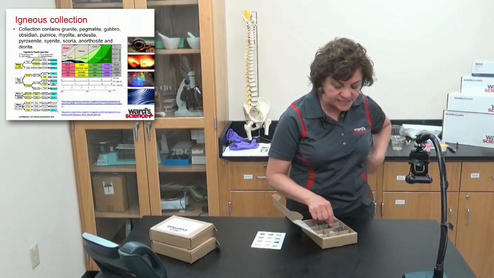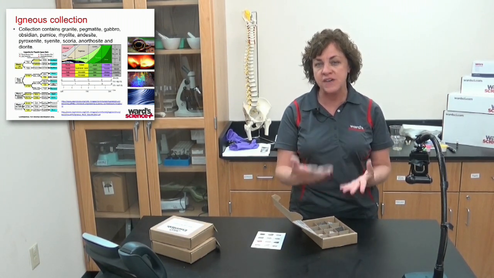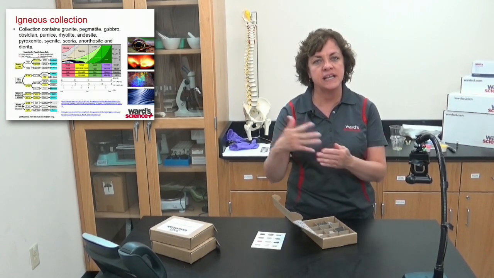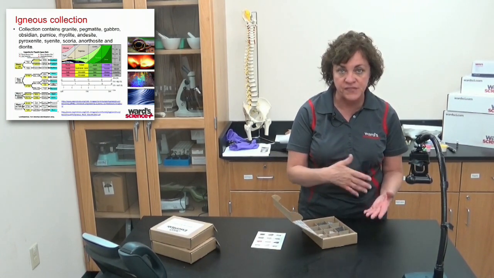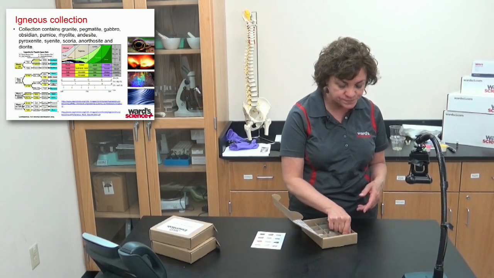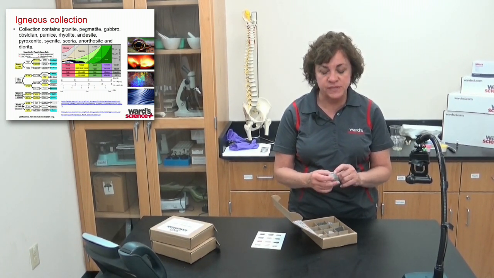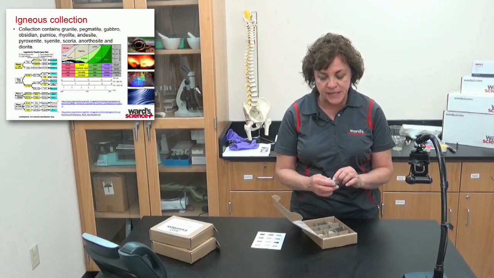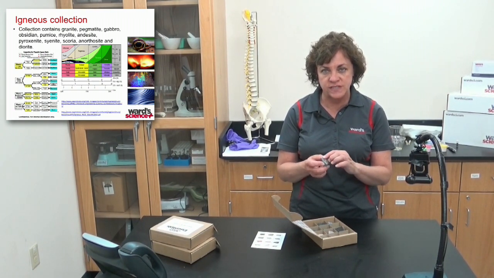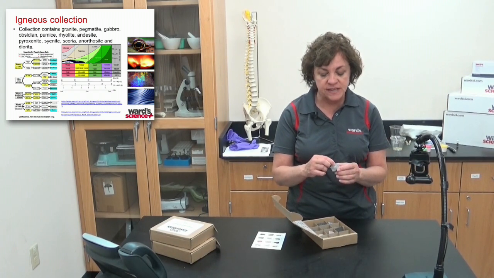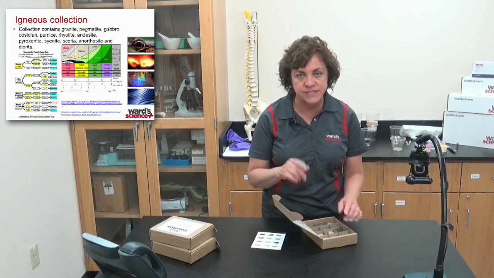As they look at these igneous rocks, they have to think about that they were melted. So are you going to find fossils in this rock? Probably not, because they've been melted and they've just hardened again. Some of them fast, some of them slow. Also, when you look at the rocks versus the minerals, a lot of times you'll be able to pick out the individual crystals in there, and you can see that there are white crystals and gray crystals and how they're made up of different minerals.